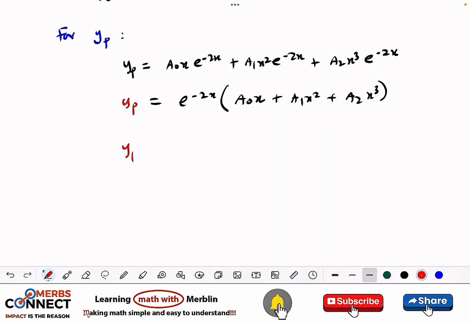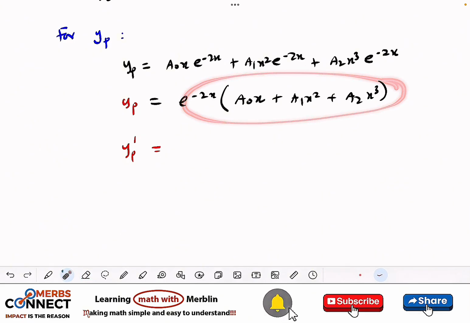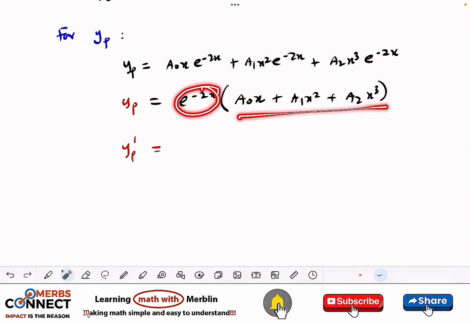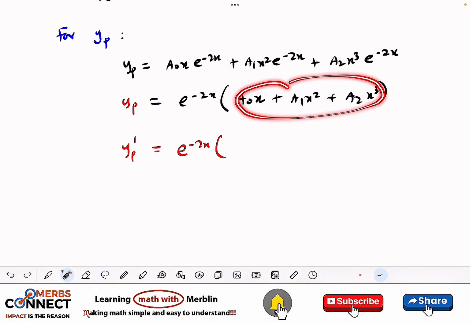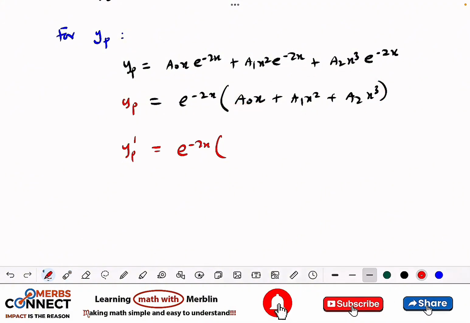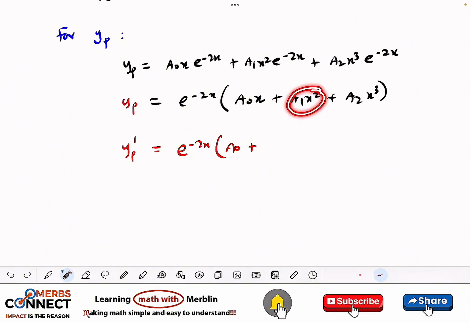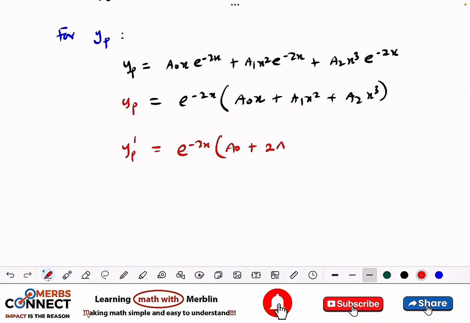So I'm just using this strategy so that the derivative will not be long. So y prime is going to be, I'll just use product rule for these two functions. So I maintain this, then I differentiate this. So maintain e to the power minus 2x and differentiate what is inside the bracket here. So when I differentiate this, I'm going to have a naught plus 2a1x plus 3a2x squared.